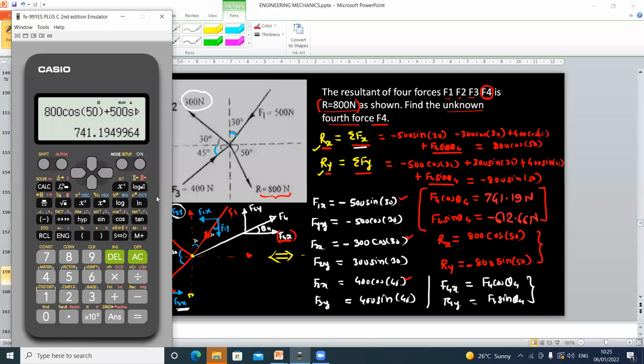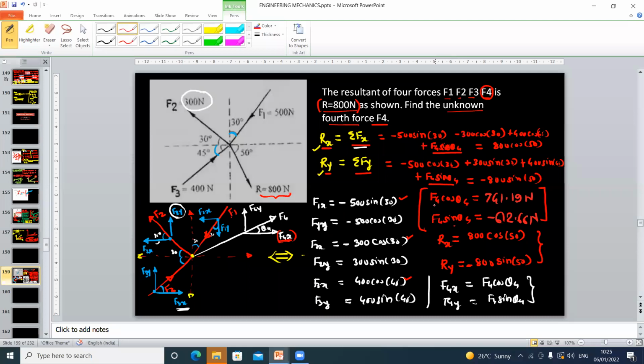Okay, it is correct, 741.19, and second is minus 612.66. Okay. So if you observe these two components, F4 cos theta 4 and F4 sin theta 4.